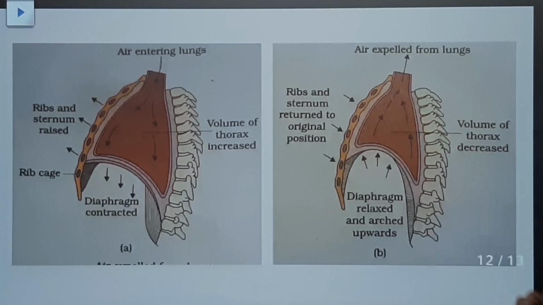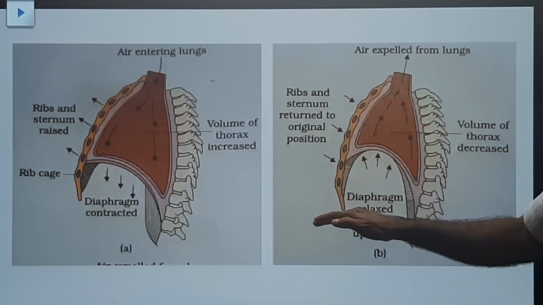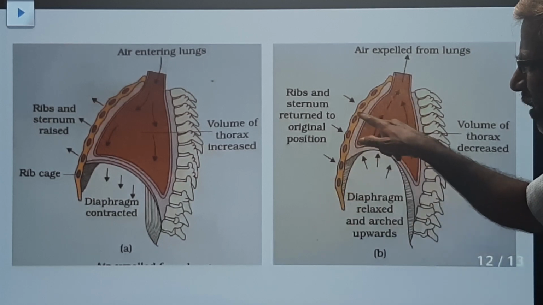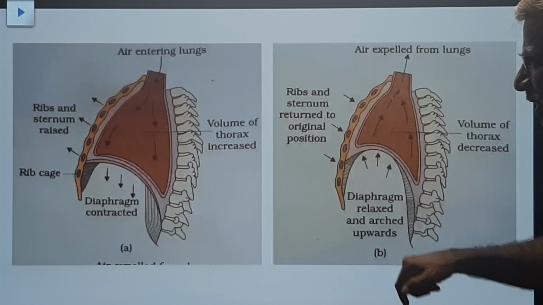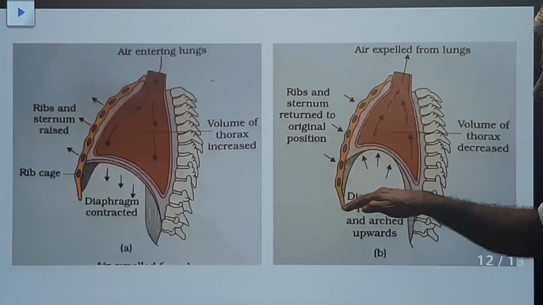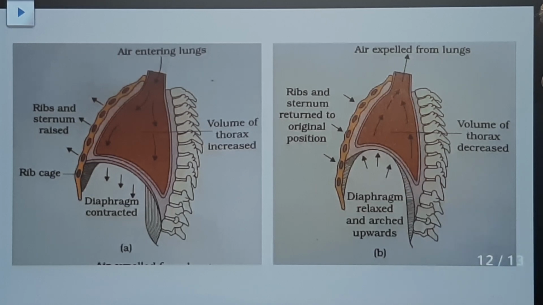This is expiration. The ribs move down because of the relaxation of the external intercostal muscles. The intercostal muscles are present between the ribs. Because of the relaxation of the muscles, the sternum and ribs move in a downward direction.